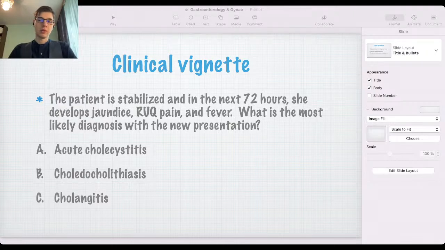Would you like to explain why did you choose cholecystitis or choledocholithiasis?